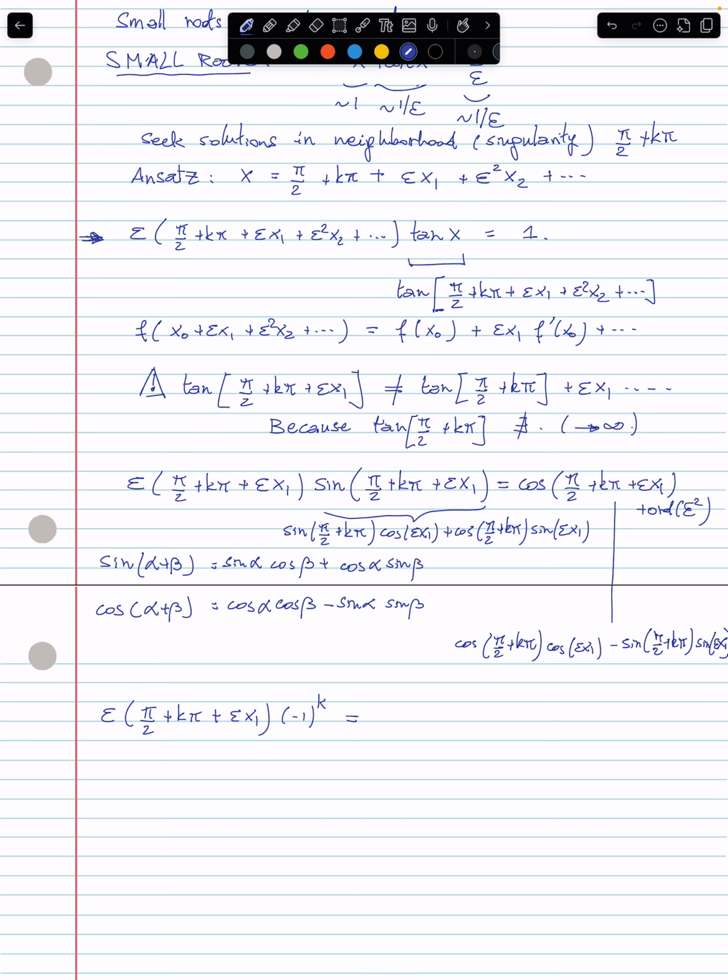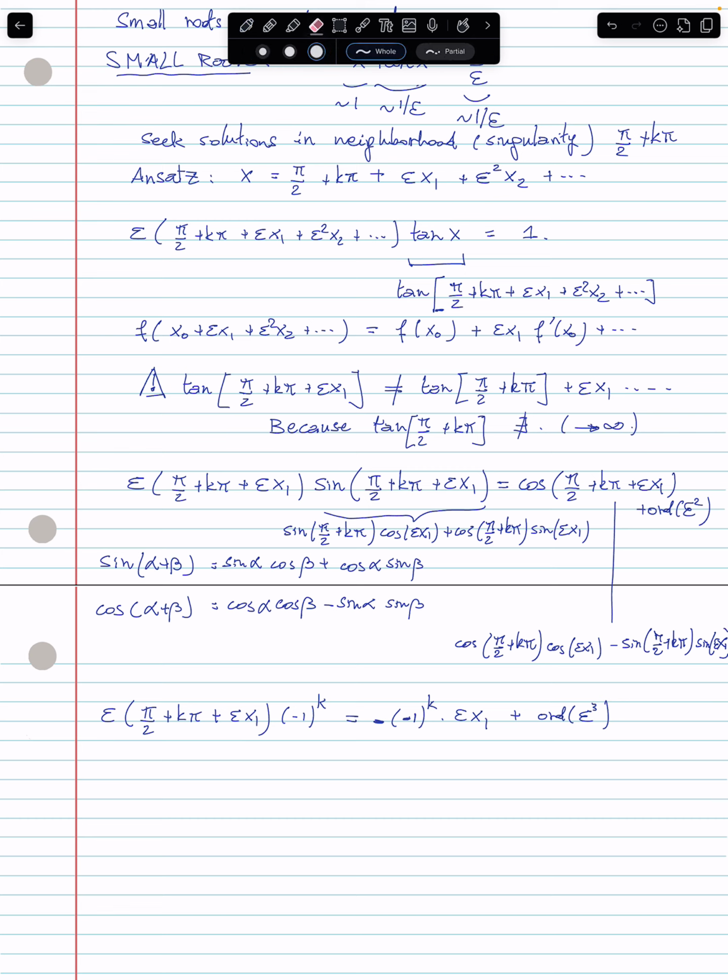All right, so then let's just simplify this expression to see what we have on the right-hand side. So the cosine here, we said this is 0. This is minus 1 to the power k. So we have minus 1 to the power k. And this is multiplied by epsilon x1 plus terms, in fact, of order epsilon to the third, which is something I can definitely keep as we have something already of order epsilon square on the left. All right.